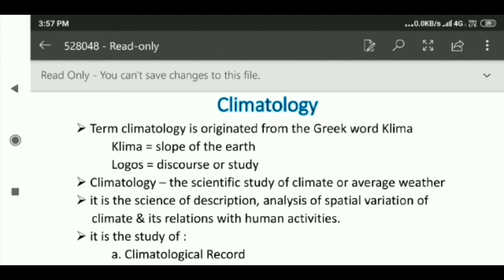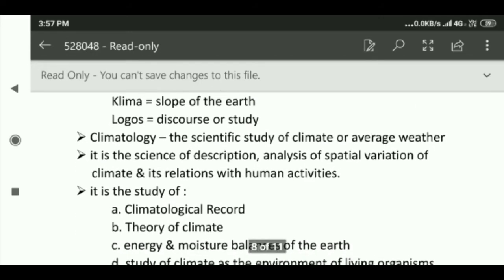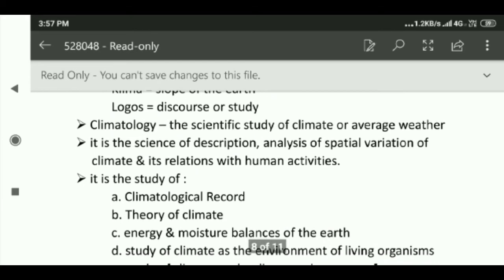Climatology is the scientific study of climate or average weather. Climatology is the study of the climate system of the earth with respect to climatic elements such as insolation, temperature, atmospheric pressure, wind circulation, forms of precipitation, air masses and energy flows, their causes, evolution, regional variations, effects and patterns.